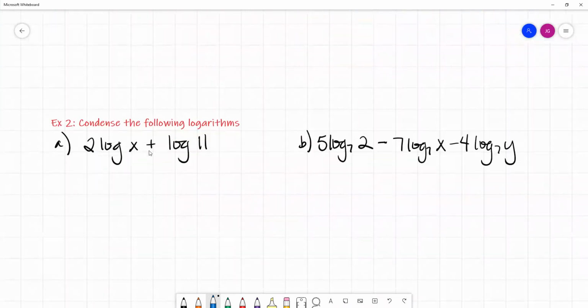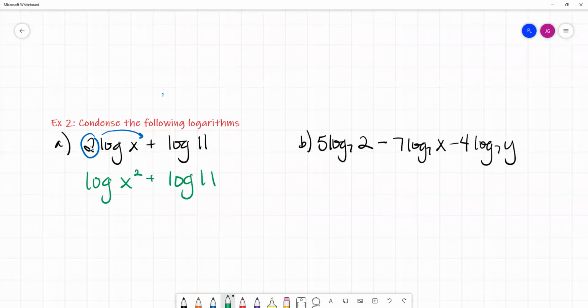So I see plus, which means I kind of want to use the product property and combine these by multiplying the insides, but I can't do that until I get rid of this 2. I can get rid of that 2 by using the power property. I can bring this 2 into the exponent of the x. And so that becomes log of x squared plus log 11.